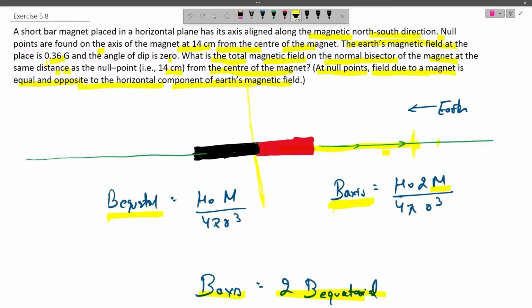That is, if the magnitude of the magnetic field at 10 cm away from the center of the magnet on the axial position is A, then the magnitude of the magnetic field at the equatorial position at 10 cm away from the center would be equal to A by 2. So let's proceed.